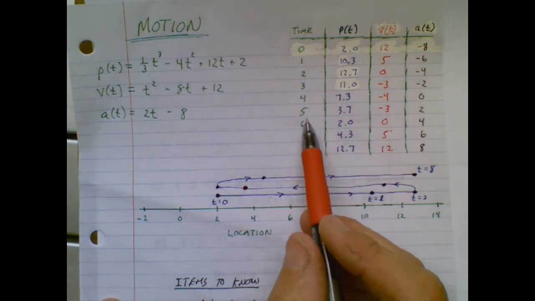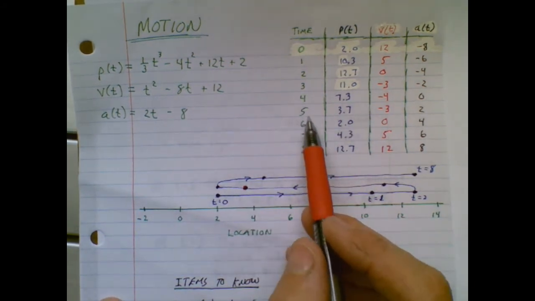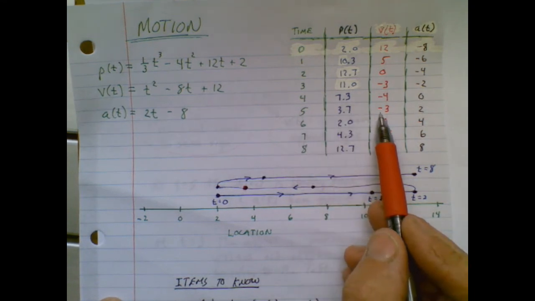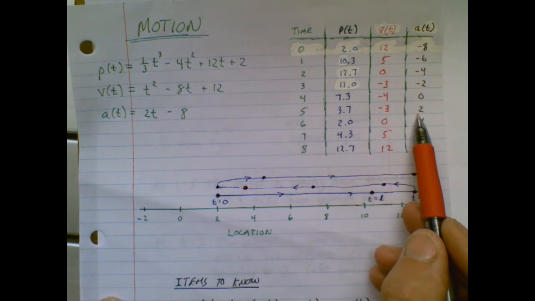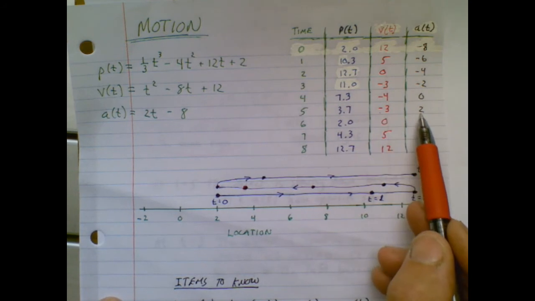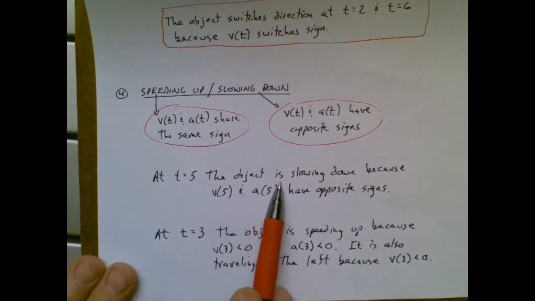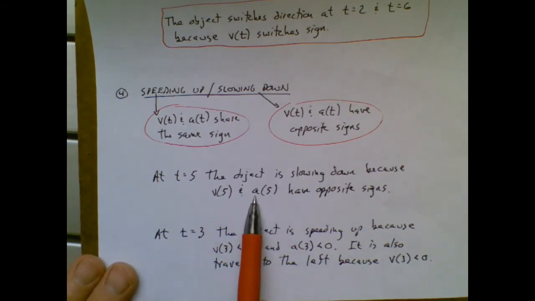If I look at this handy-dandy chart I made in the beginning, at t equals 5, the velocity is negative because it's traveling to the left. The acceleration is positive. Since velocity and acceleration have opposite signs, the particle is slowing down. And there we write it up: the object is slowing down because velocity and acceleration at t equals 5 have opposite signs.